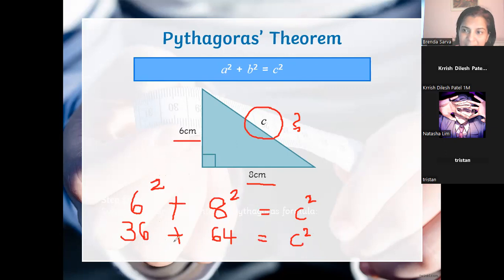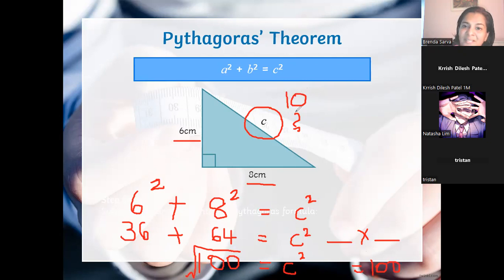Now, what is 36 plus 64, guys? It's 100. And 100 is equivalent to C squared. How do I find C? That means what times what gave me 100? What I need to do is find the square root of 100. So press in your calculator, what is the square root of 100? 10.